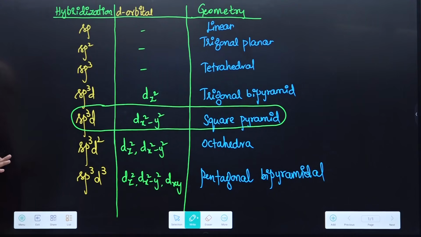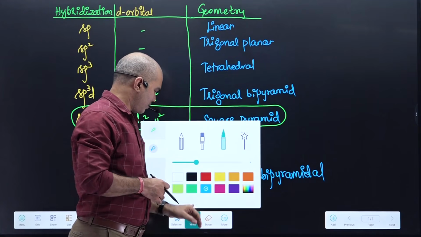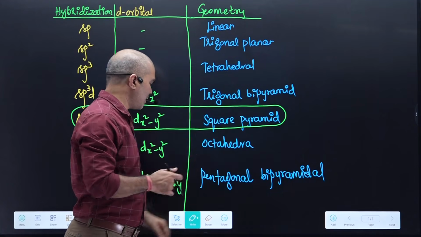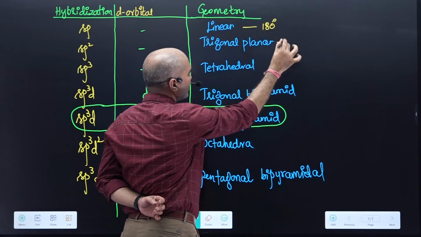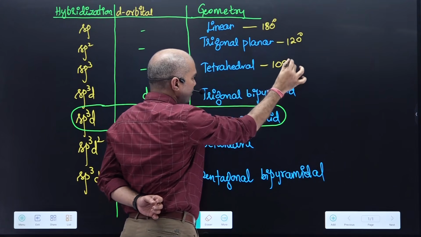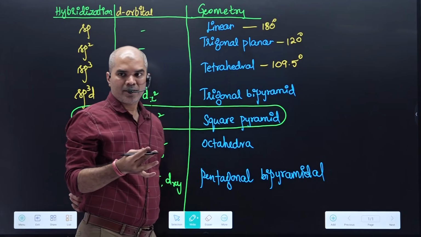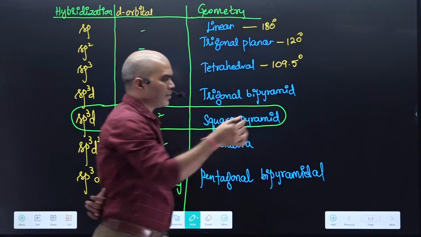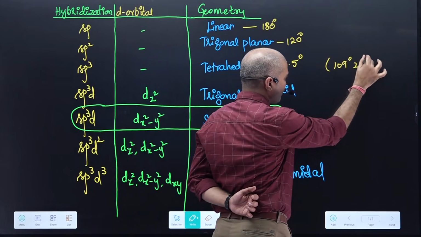Are you aware of bond angles? I need not give. Suppose I ask you, for linear, what are the bond angles? 180. Linear is 180 degree. Trigonal planar 120. Tetrahedral 109.5 degree, or 109 degree 28 minutes.